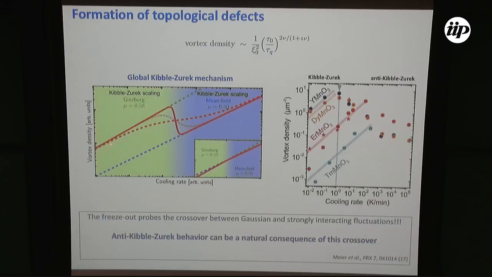So we can have a situation in which there is this offset, and then if the crossover region is narrow enough, we can have this drop down of the vortex density as a function of the cooling rate, and this can be an explanation for the behavior that we observe here experimentally at high cooling rates.